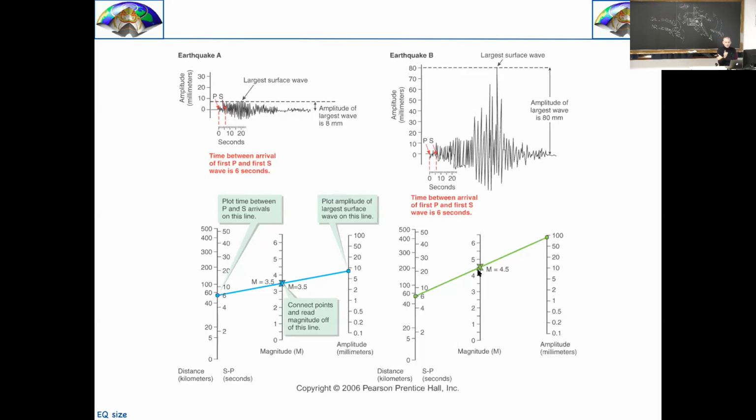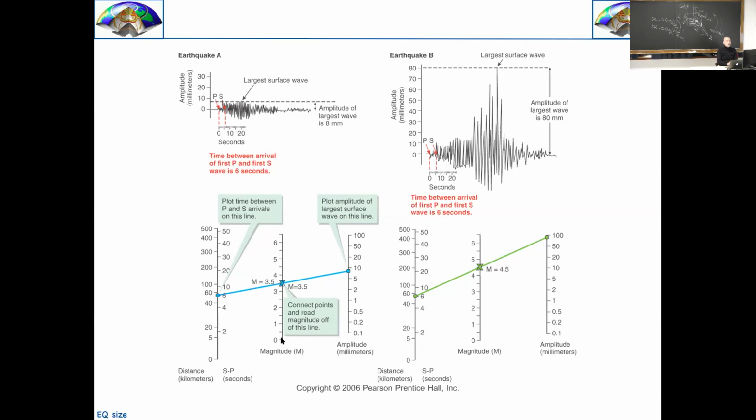Be careful, because the A over A0 originally, even if no one uses it in practice anymore, is based in micrometers. So if you join the same thing here, you still get a magnitude, but if you go to 1 micrometer, this will touch magnitude 0.